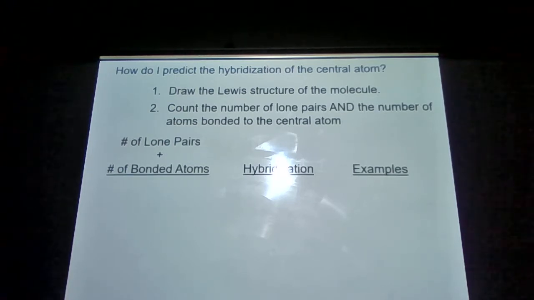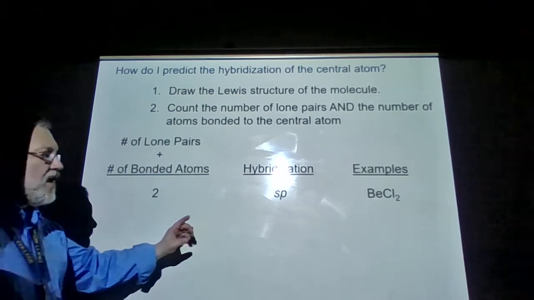The number of lone pairs plus the number of bonded atoms can tell us what the hybridization is. If the number of lone pairs and bonded atoms is 2, we have an sp hybridized system. An example of this is beryllium chloride.